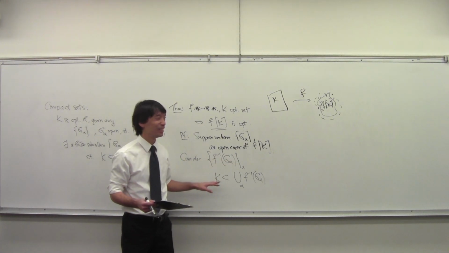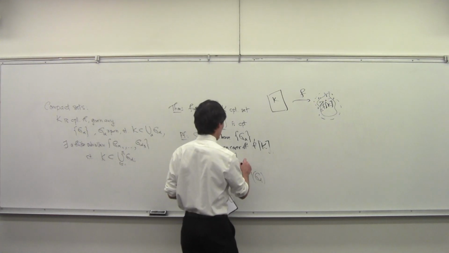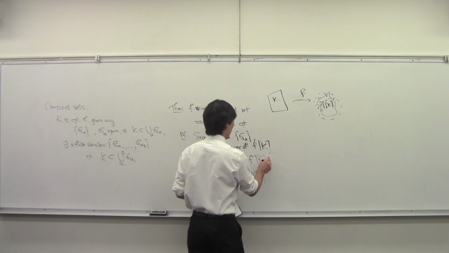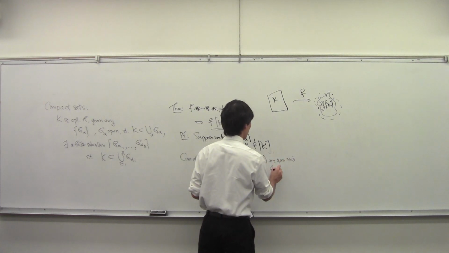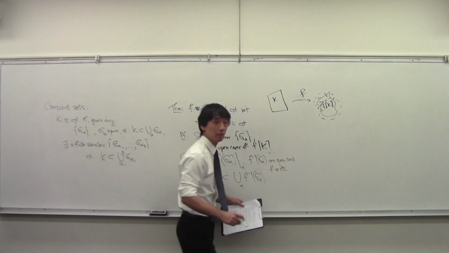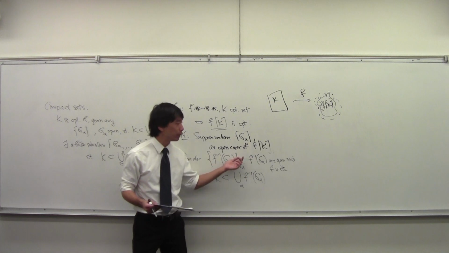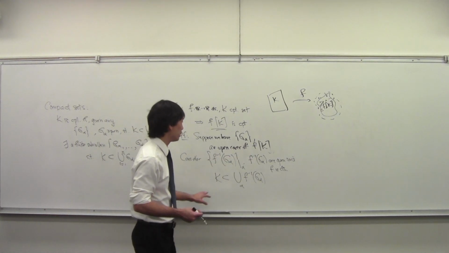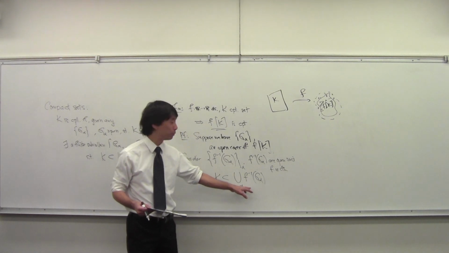So these are open since F is continuous. We saw that if you're continuous, then the pre-images of open sets are all open.